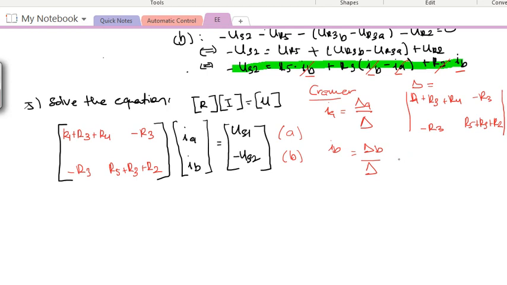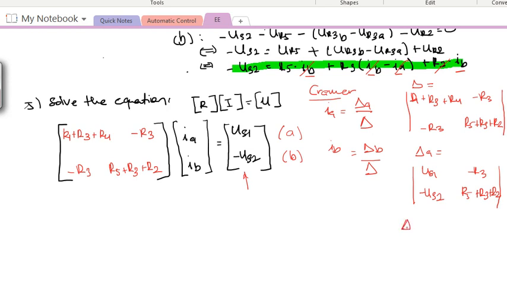So I'll just remind you what the determinant of A is. The determinant of A is basically when you replace the first column with the solution on the right hand side. So the determinant of A equals US1 multiplied by R5 plus R3 plus R2, minus US2 multiplied by minus R3.